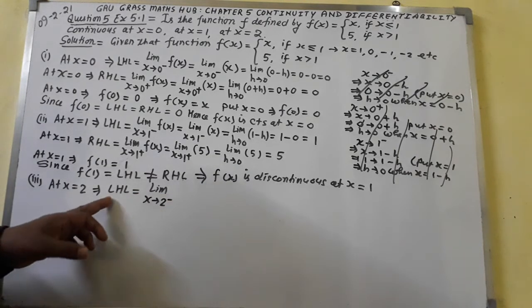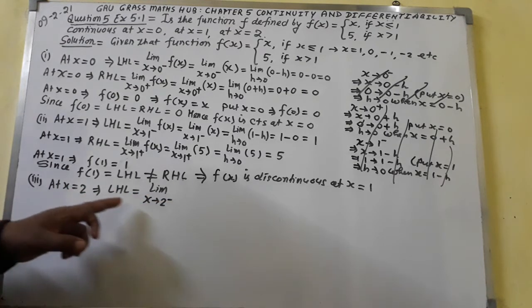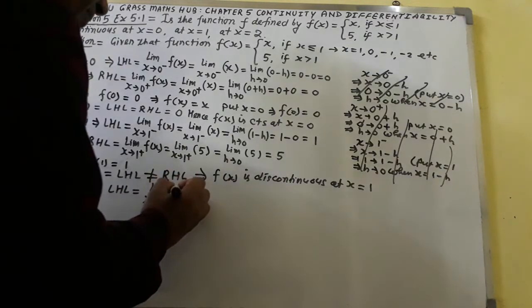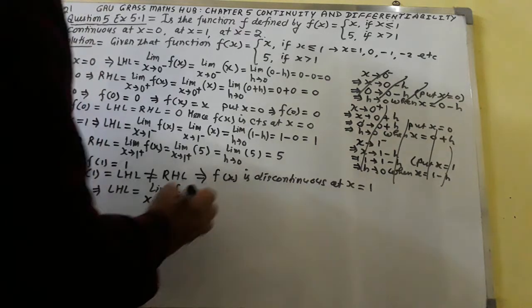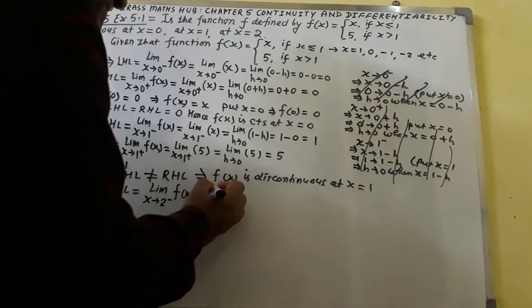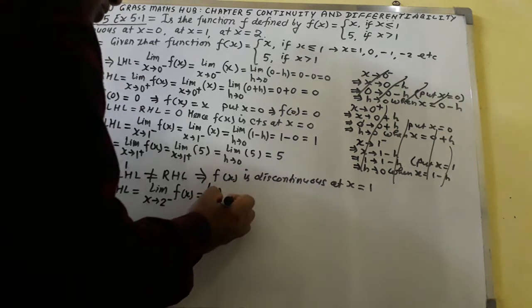Why negative? Because left is written, that's why I have written negative. So f(x) equals limit x tends to 2 negative.